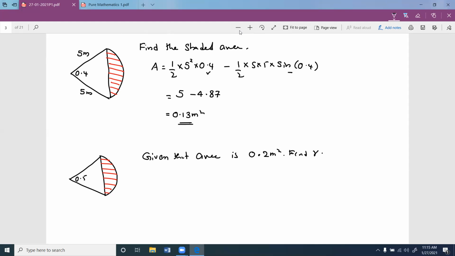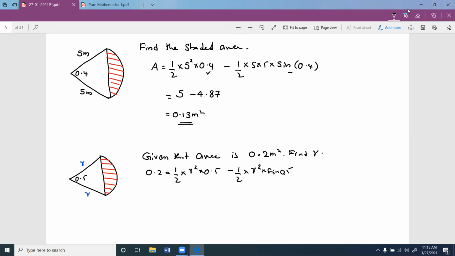So what you can get here is that 0.2, the area, equals half. I'll mark this radius as r and r. So this is half into r squared theta, r squared into 0.5, minus half into r squared into sine 0.5.